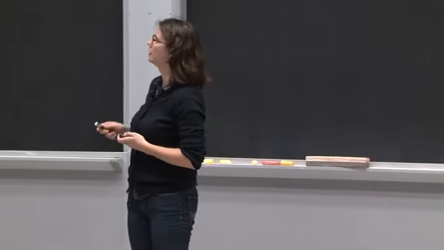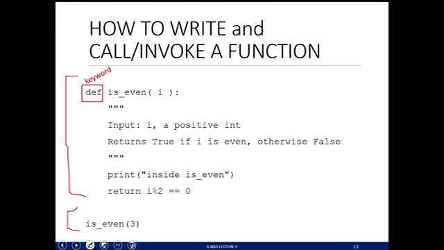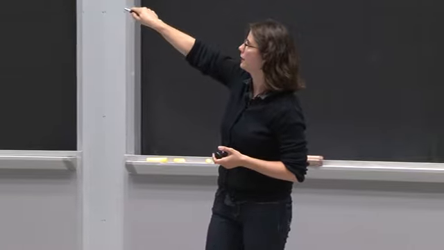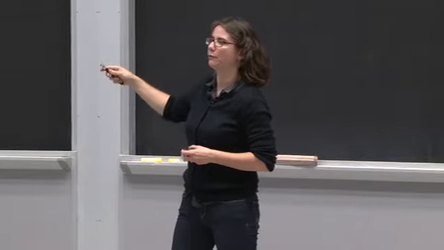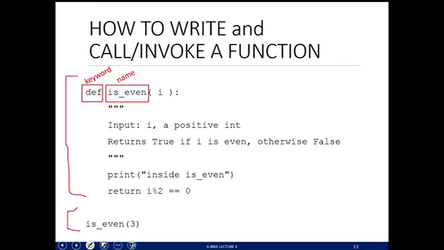The first is going to be this def keyword. Def tells Python, I'm going to define a function. Next is the name of the function. In this case, I'm calling the function is_even.